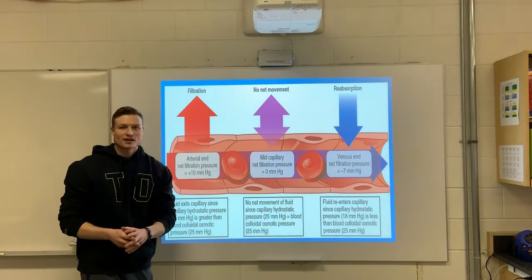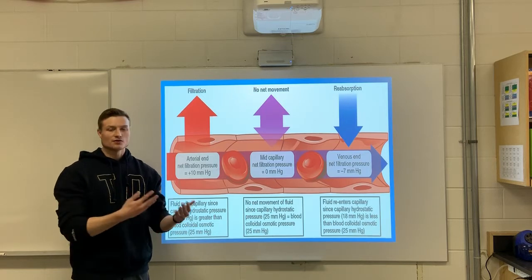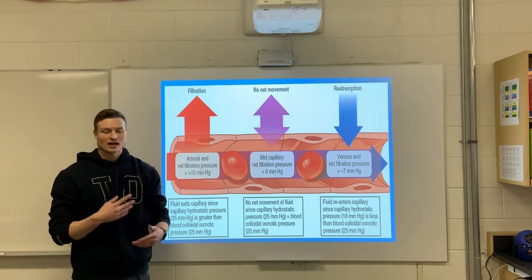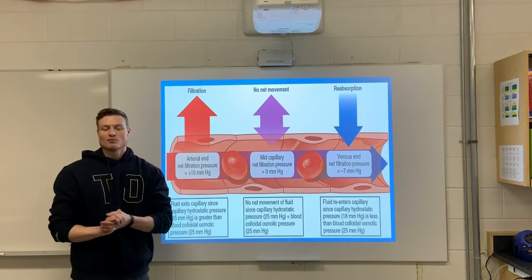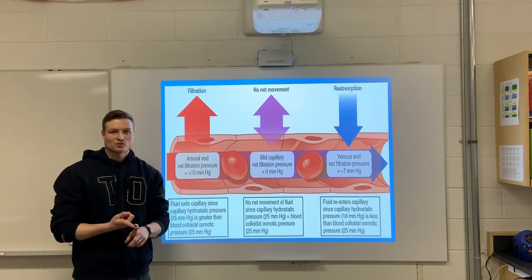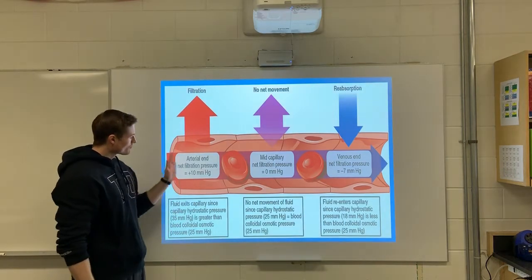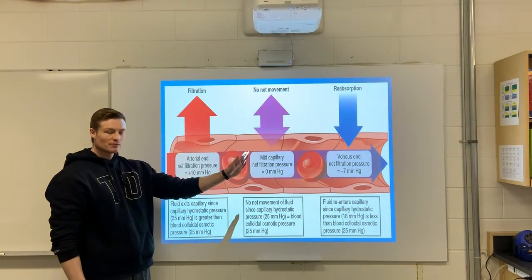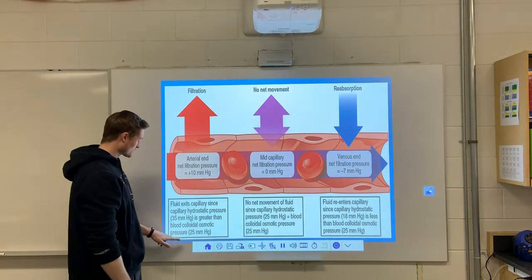And when we do that, it's an exchange of gases, CO2 and oxygen, of nutrients, glucose, amino acids, fatty acids, as well as waste products, nitrogenous waste, things like that. So when blood cells flow through the capillary, things are being exchanged and filtered, right?